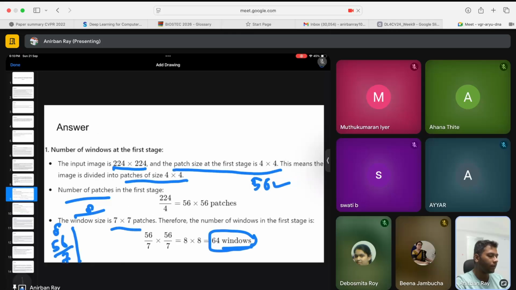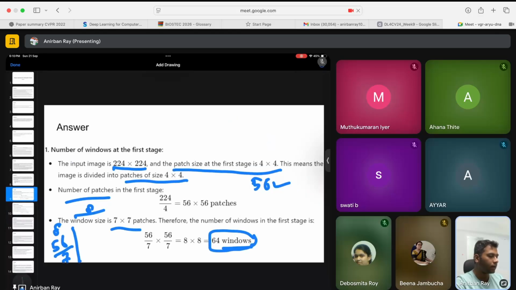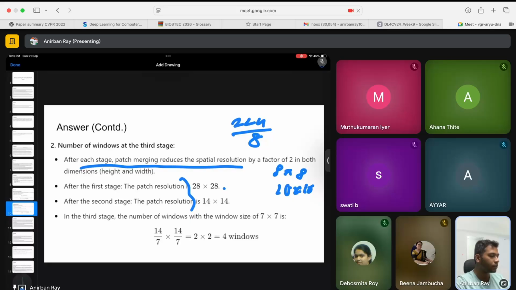So what you have here is that you can see this 224, if you divide by 8, what you get here is 28, right? So this is 28 cross 28, okay. So then it is divided by 16, okay. So they get 14 cross 14, right? So this is the number of patches, okay. Number of patches along row and column. So multiplying them, you'll get the total number of patches, okay. After the third stage it is again divided by 2, okay. So it becomes 7 cross 7, okay.